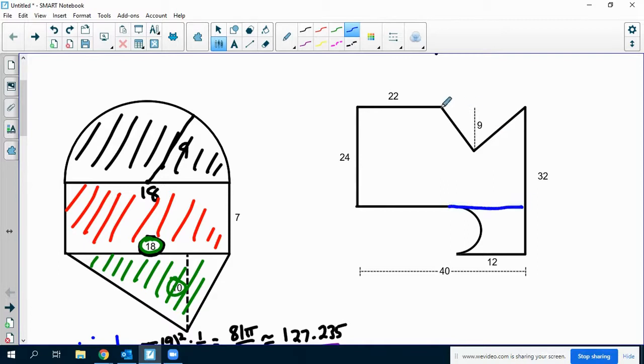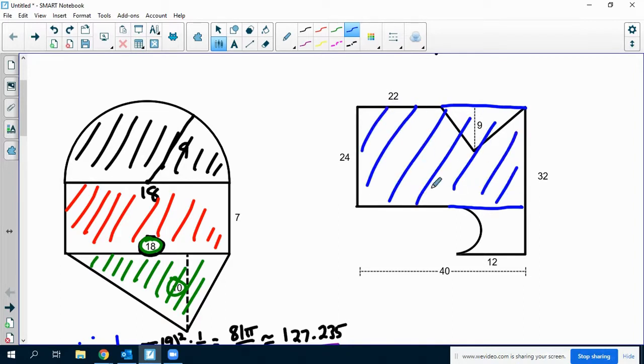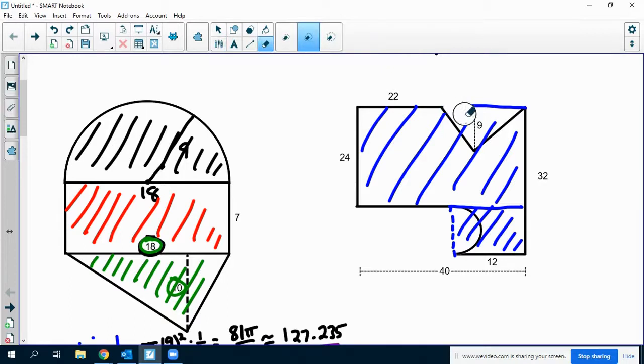What I originally saw was a rectangle on the top and a rectangle on the bottom. So I'm treating it like a medium-sized rectangle up here and a smaller rectangle here. And then I have to subtract this triangle and subtract this semicircle. If I do those things, I end up with just the area of the figure that I want.